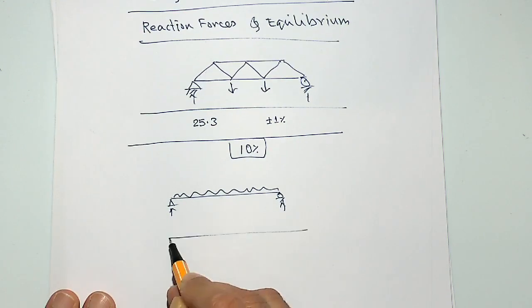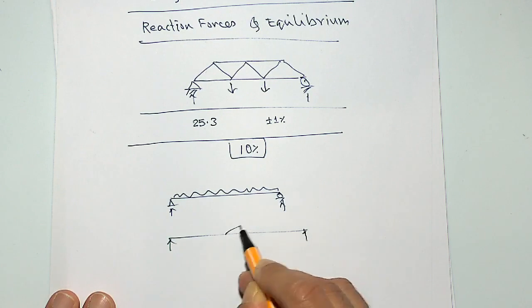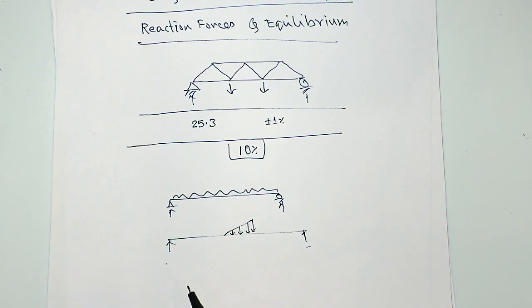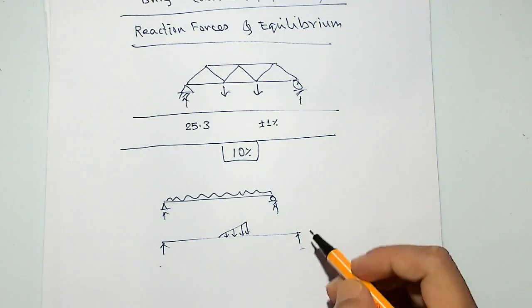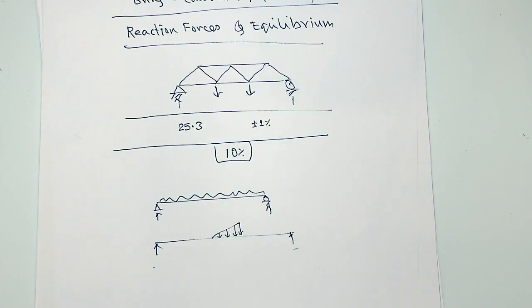If you have a beam with a triangular load like this, how do you calculate the reaction force? That sort of problem you will be getting. Or the moment of a force, for example. It won't be difficult, but you need to know the method.